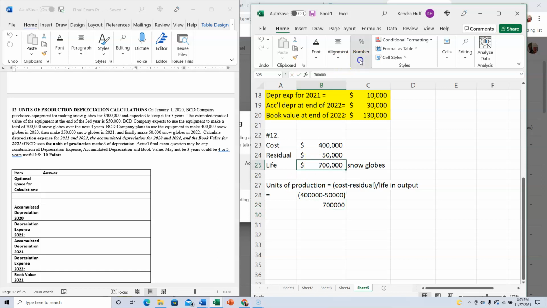This is not a dollar here. This is just a number. All right, so that equals 350,000 divided by 700,000. So that's 50 cents per snow globe.